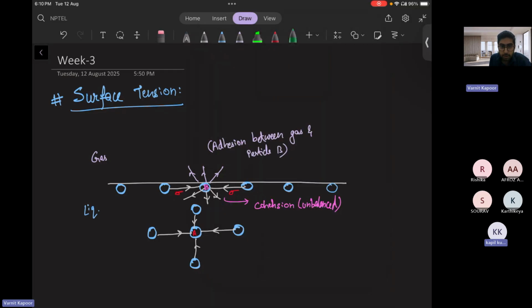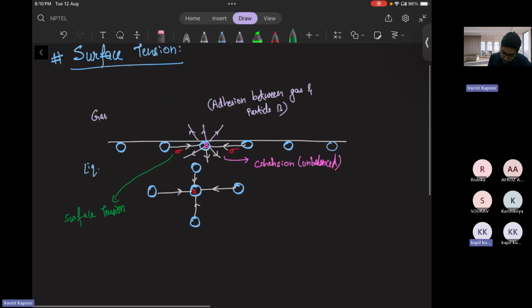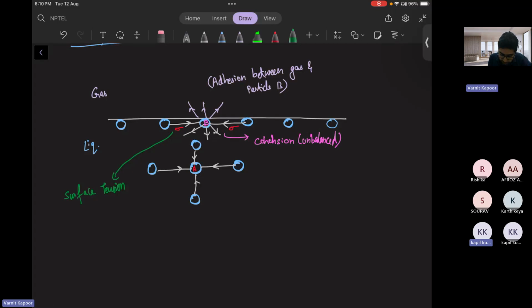Yes, any doubt? So surface tension is only due to cohesion. Yeah, does anyone have any doubt? If not, please keep your mics on mute.